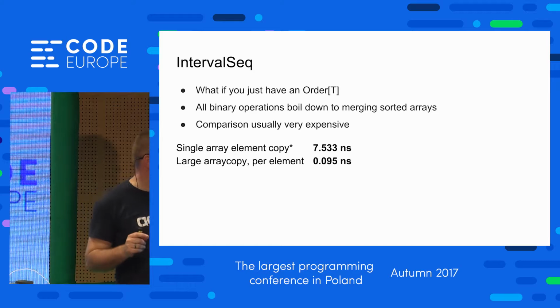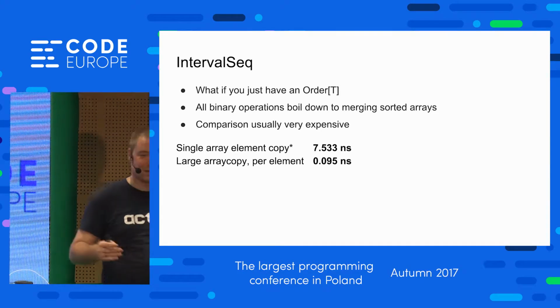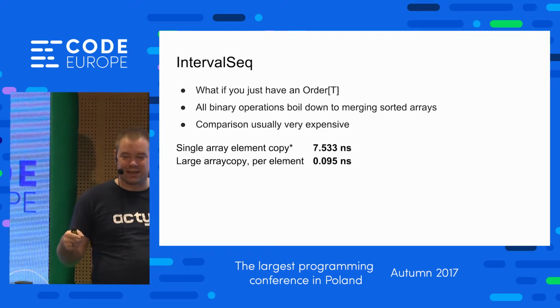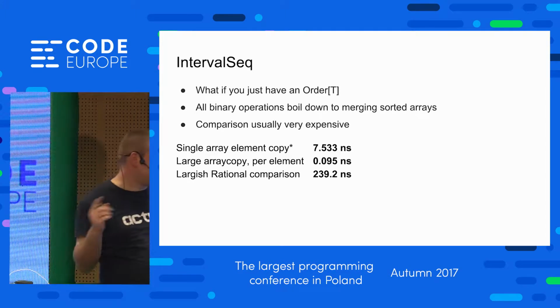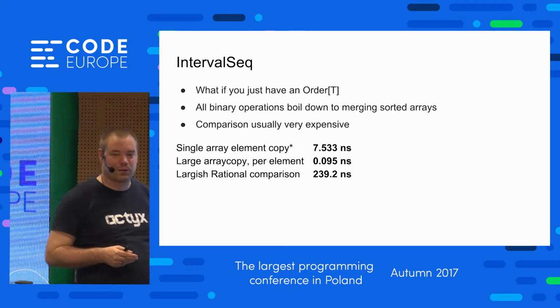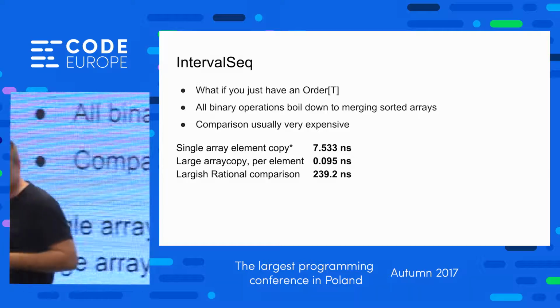A large array copy per element is ridiculously fast, 0.1 nanoseconds, because the CPU can copy a huge chunk of memory in a single cycle. And comparing two rational numbers, which is what I originally wrote this for, takes 240 nanoseconds.